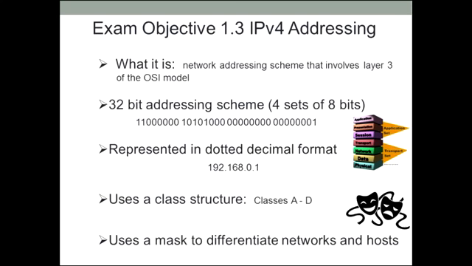So we begin the discussion with IP. So what it is. IP is strictly involved with the third layer of the OSI model. That is the network layer. IP is a 32-bit addressing scheme, and it's broken into 4 sets of 8 bits.